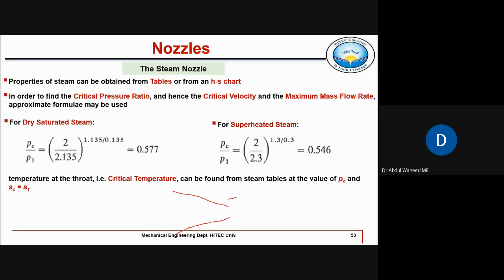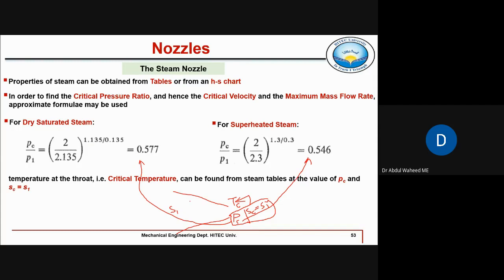Right, and here we want to calculate Tc, so we can use 2 over gamma plus 1, or if we know Pc from this equation, then we also know S1 is equal to Sc. Right. So now we know these two properties, pressure and entropy, and using these two we can also calculate T critical from the steam table or HS chart.